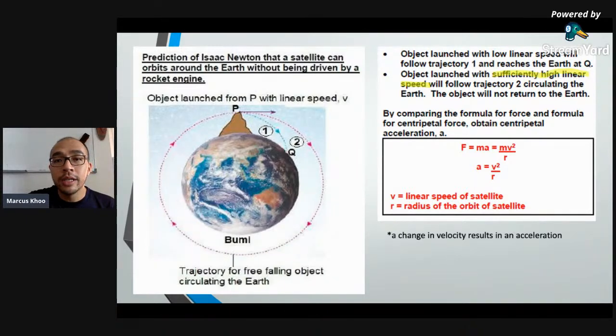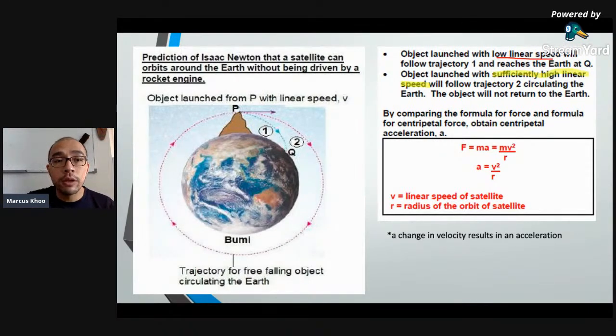If you launch it with a low linear speed, what will happen is the gravitational pull towards it will be very big, so it will fall towards Q like that.